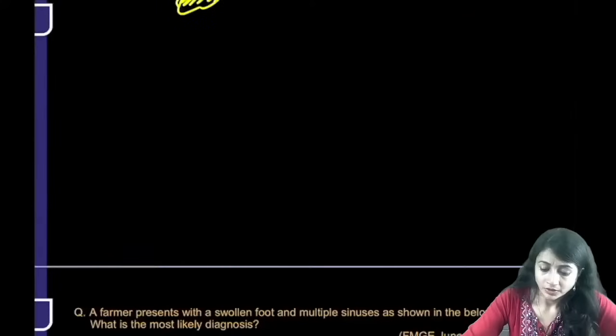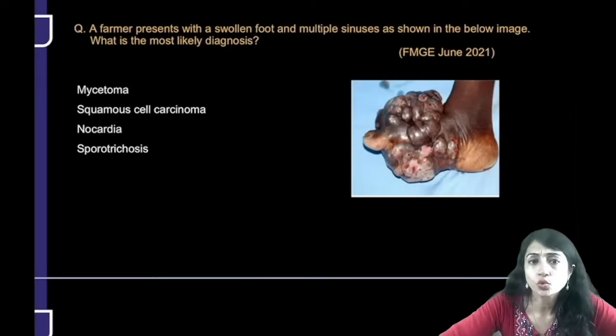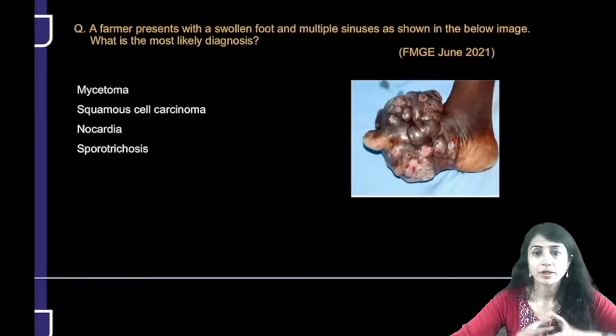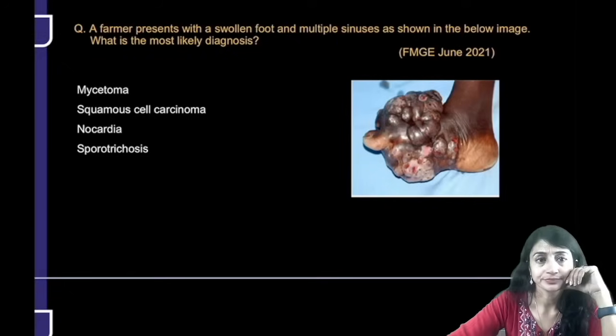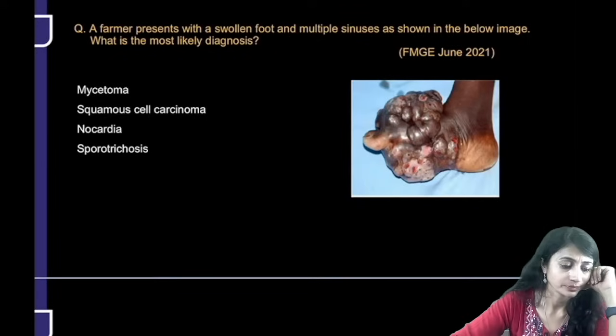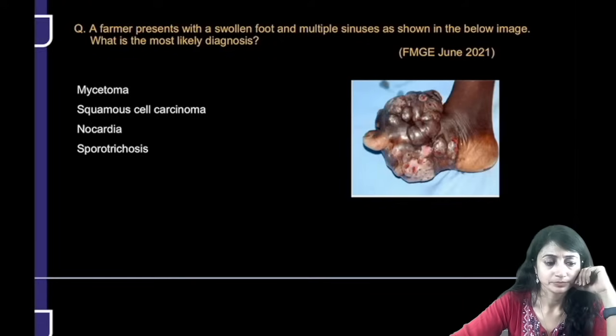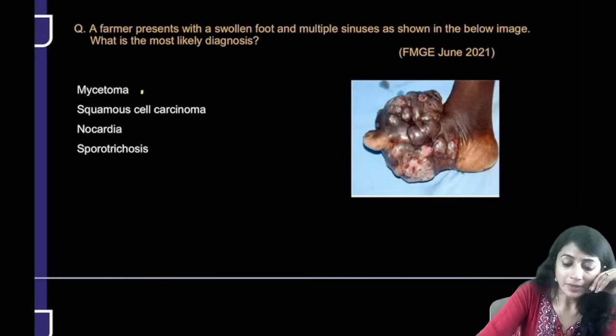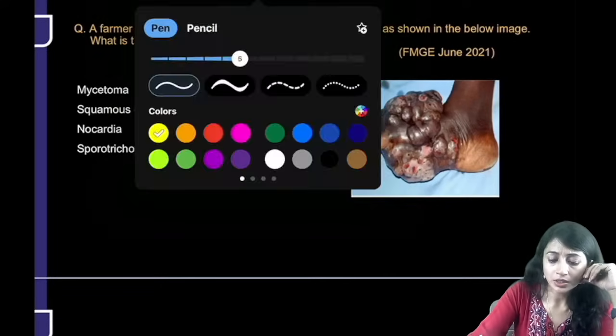Moving on, a farmer presents with a swollen foot and multiple sinuses as shown in the image below. What is the most likely diagnosis? Very good, yes, mycetoma is the diagnosis here.